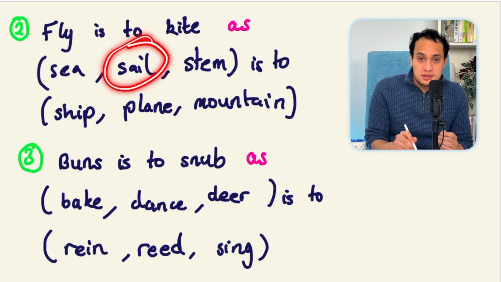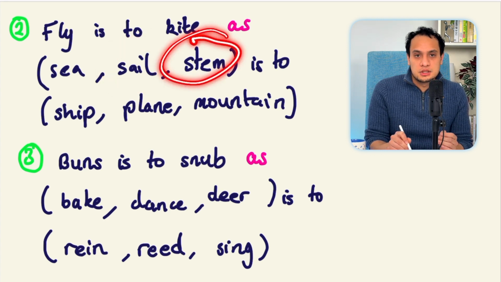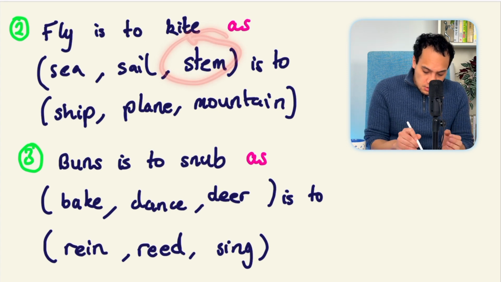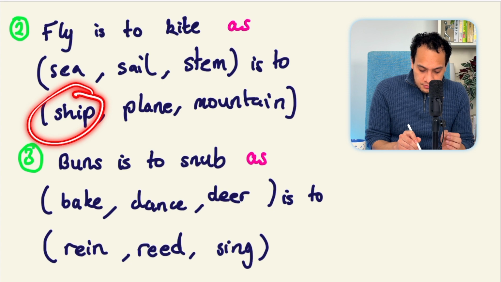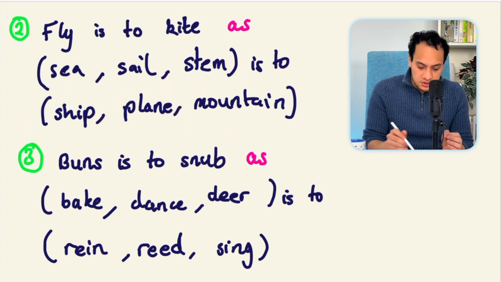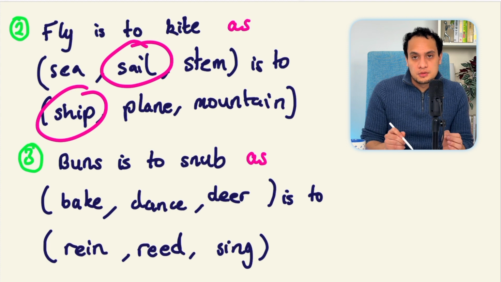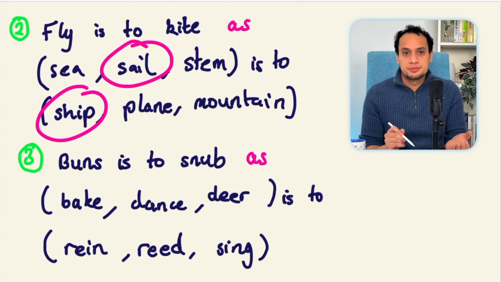We've got sail, and sail can be a verb, or it can be a noun. And you've also got stem. Stem is a noun, and it describes a plant. You've got ship, you've got plane, and you've got mountain. Then your possible relationship will be between sail and ship, because you sail a ship.